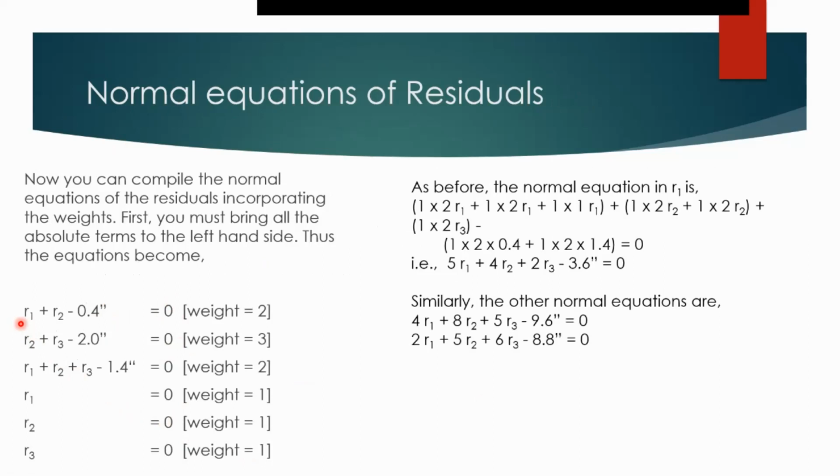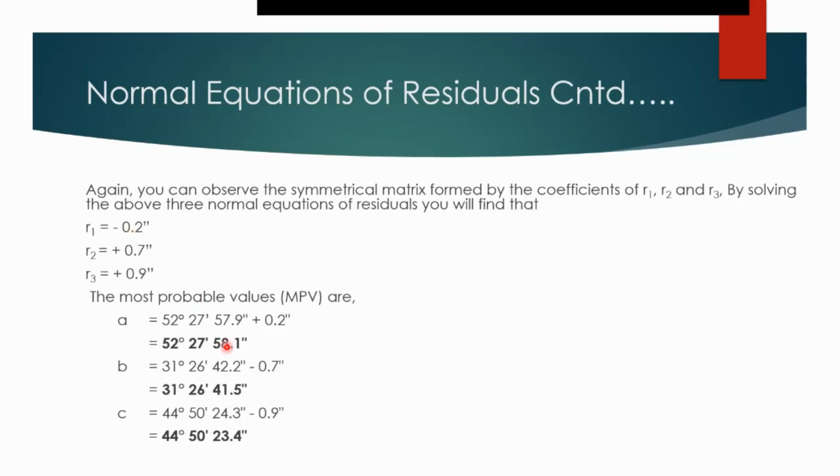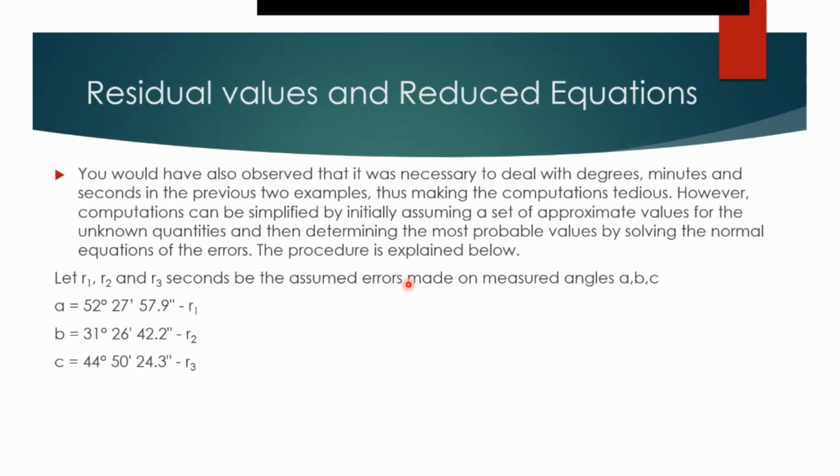We are going to solve it for R1 and R2, but we have to assign for weights, and we also have to consider the coefficient of the variable, right? So you multiply each equation accordingly, and you can find the normal equations for R1, R2, and R3. And you can solve this for R1, R2, and R3, and you can simplify the ABC, because earlier we defined ABC in this way, right?